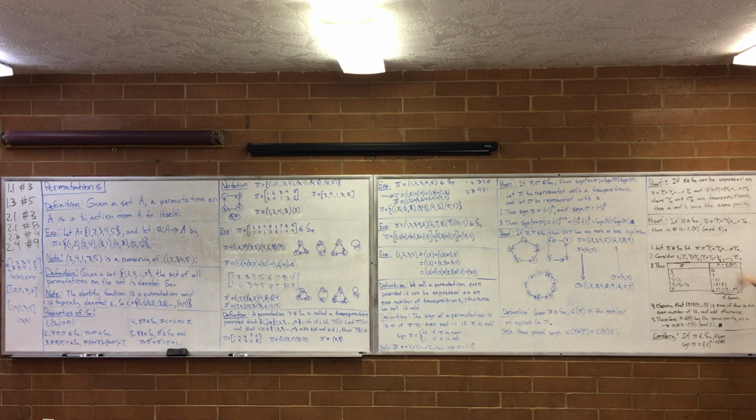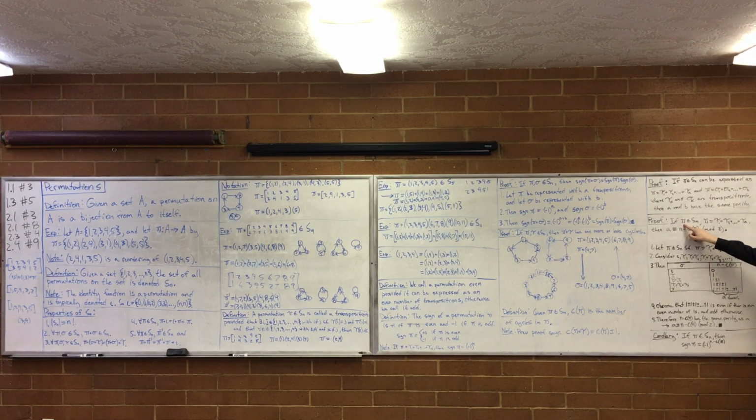In other words, a and b are both even or both odd. So if I can represent pi as these transpositions and pi as these transpositions, in both cases I represented it as an even number of transpositions or an odd number of transpositions. Does that make sense? Okay, that's what this is saying. This is saying the exact same thing, so let's make sure that we can connect this to this, and then we'll continue with the proof.